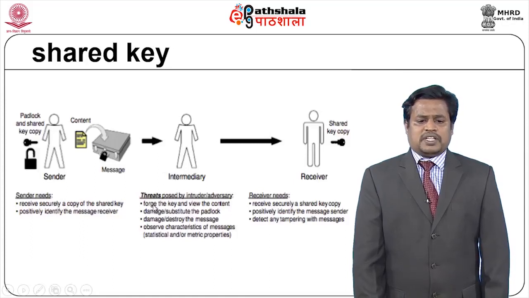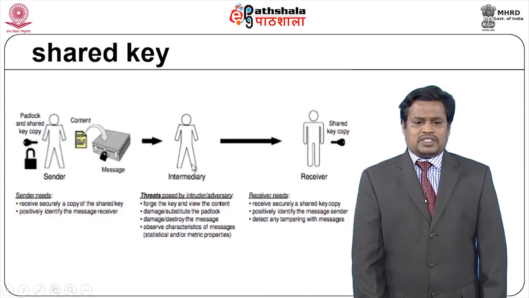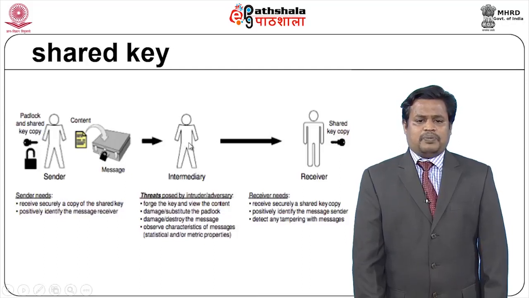So how do they pose the threat? First, they may forge the key and view the content, or sometimes they may damage and substitute the padlock, and damage or destroy the message, and sometimes they go for observing the characteristics of the message. We have already seen the roles they play in the case of threats. As we know, some people will be active attackers, some may be passive attackers.